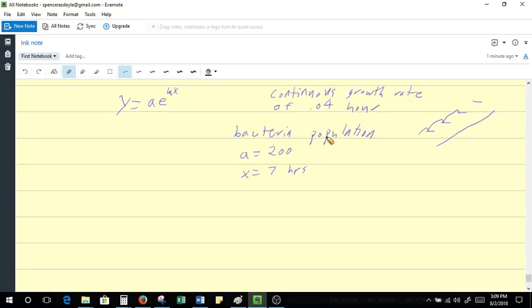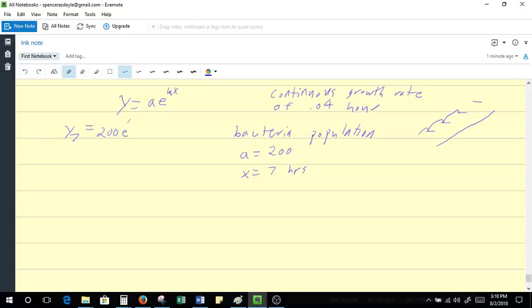So continuous growth rate of 0.04 in hours. We have a bacteria population, and the initial value is 200. What is our value going to be at 7 hours? So y at 7 is equal to the initial value times E, Euler's constant. Again, it's about 2.72, but use your calculator key. Don't round.